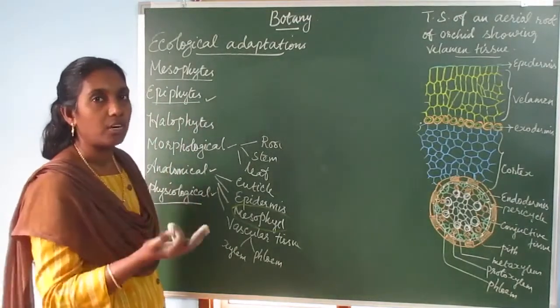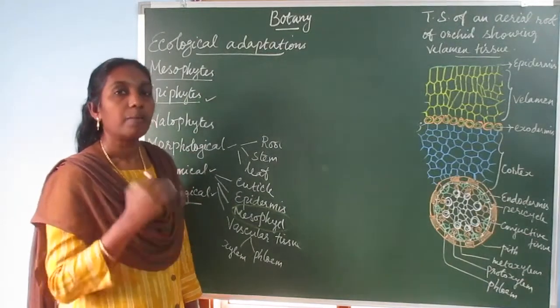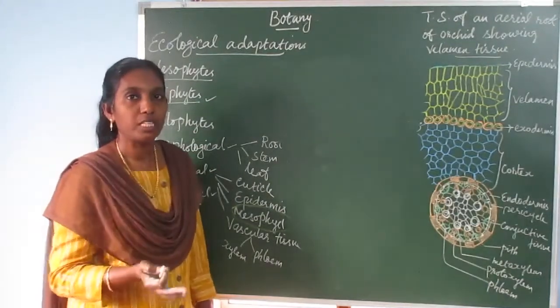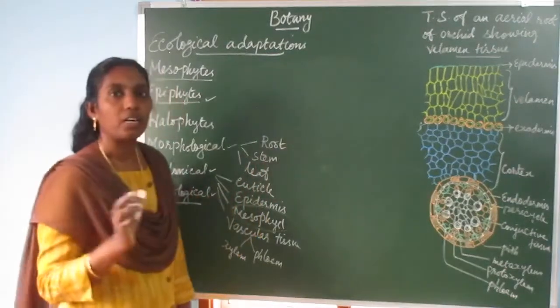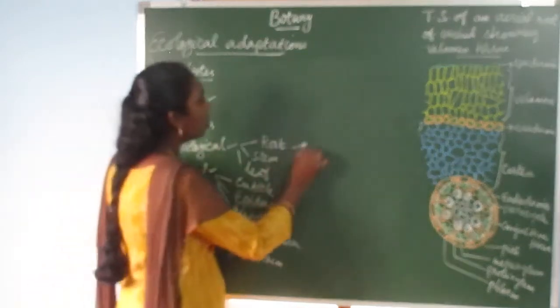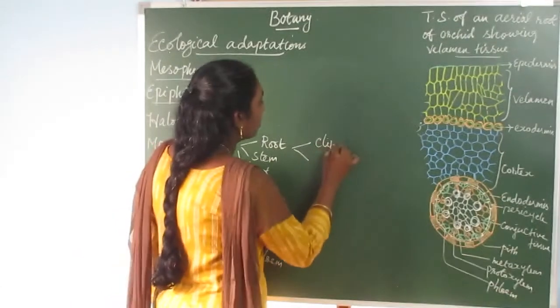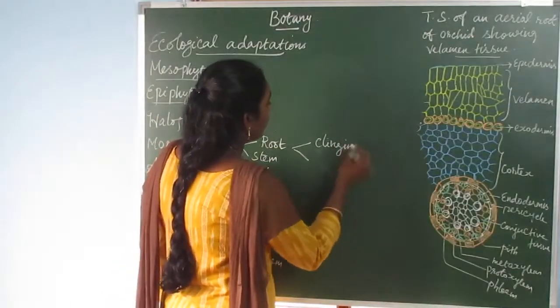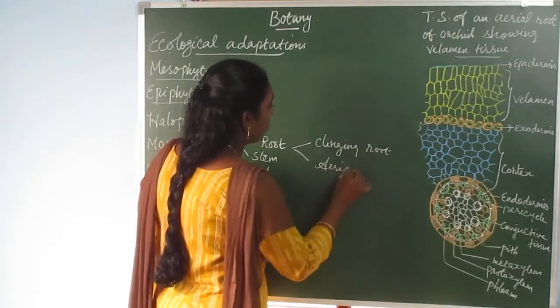What are the morphological adaptations? So morphologically, the plants are adapted in such a way. The first morphological adaptation regards the root. The roots in epiphytes are of 2 different types. They are clinging roots and aerial roots.